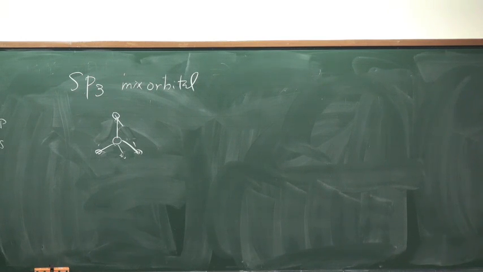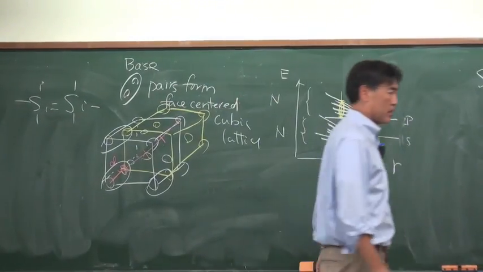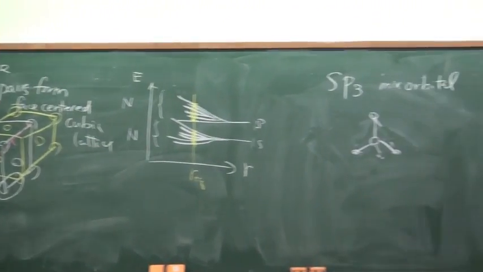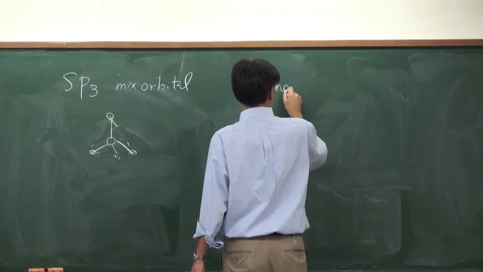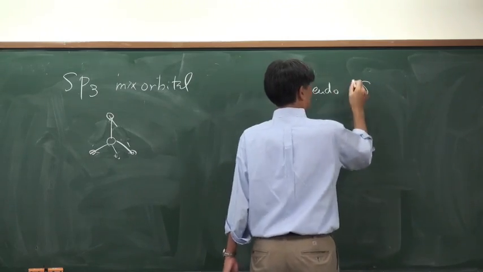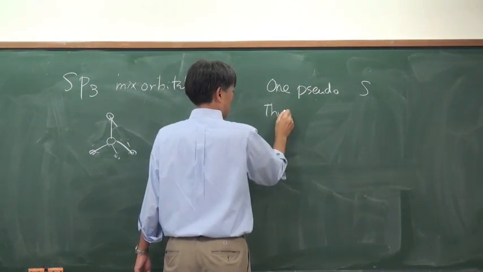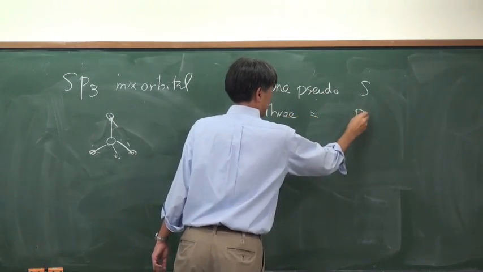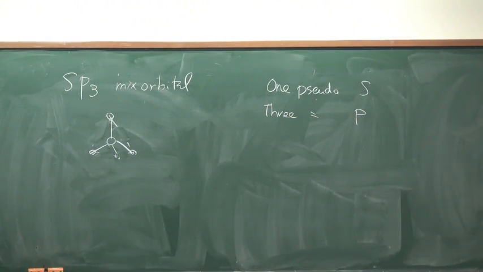Okay? Why do we call it sp3? It is composed of one pseudo S state and 3 pseudo P states. So there's one S state and 3 P states.